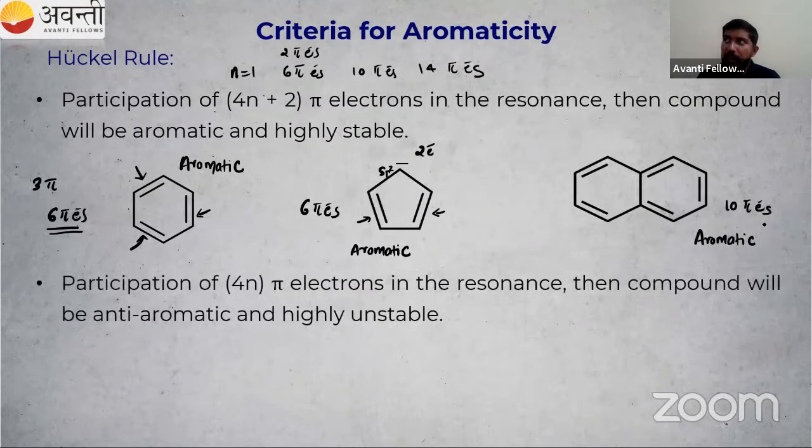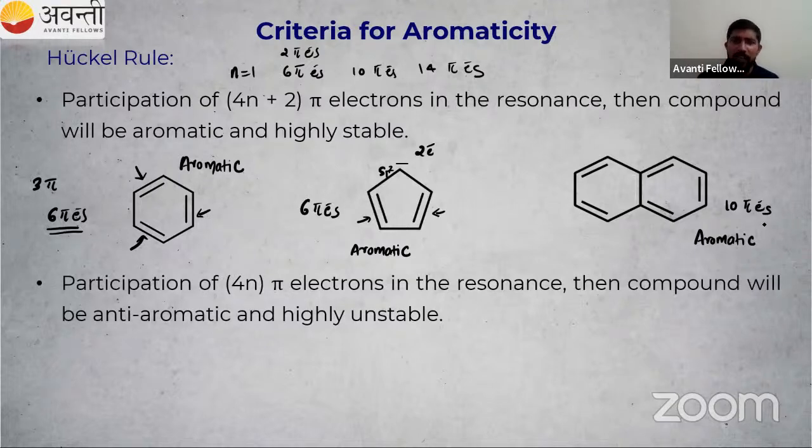Then non-aromatic. Then if it is anti-aromatic, anti means against, right? If it is anti-aromatic, stability will decrease. So if an organic compound is anti-aromatic, stability is very low. So how to identify an anti-aromatic compound? First, cyclic, planar, conjugation.